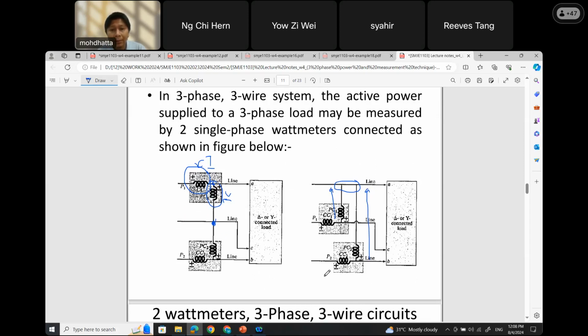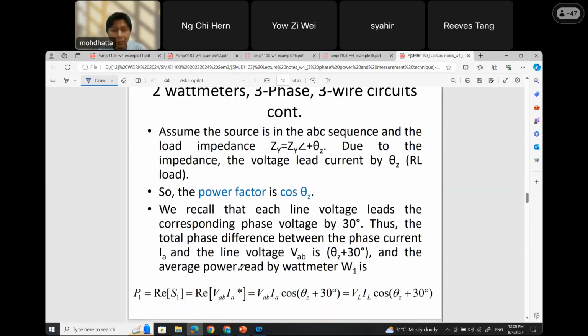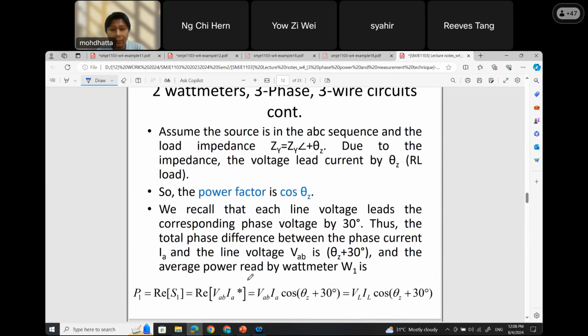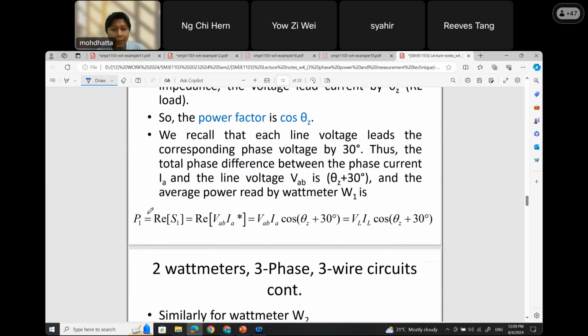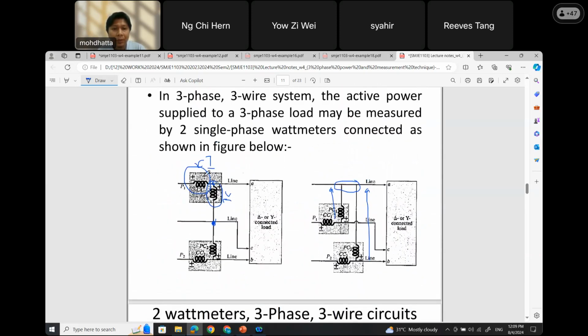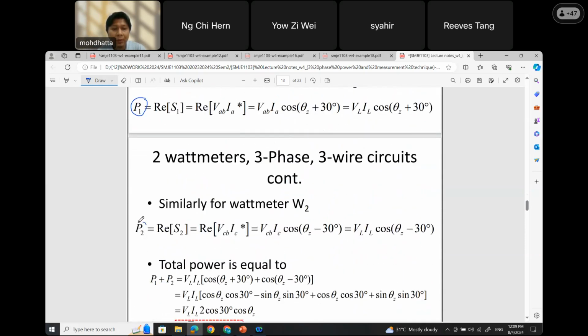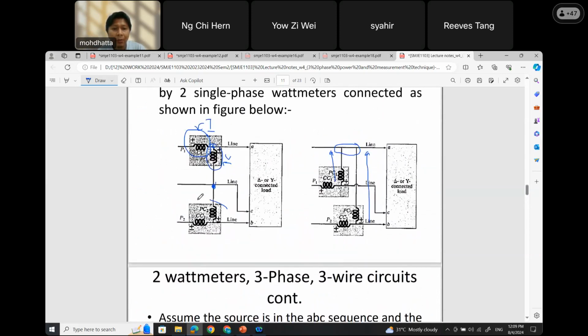All right, and in terms of what we will get from the wattmeter, we will get the P, or the active power, for P1 reading over here, and P2 that we see here is the reading for the second wattmeter.